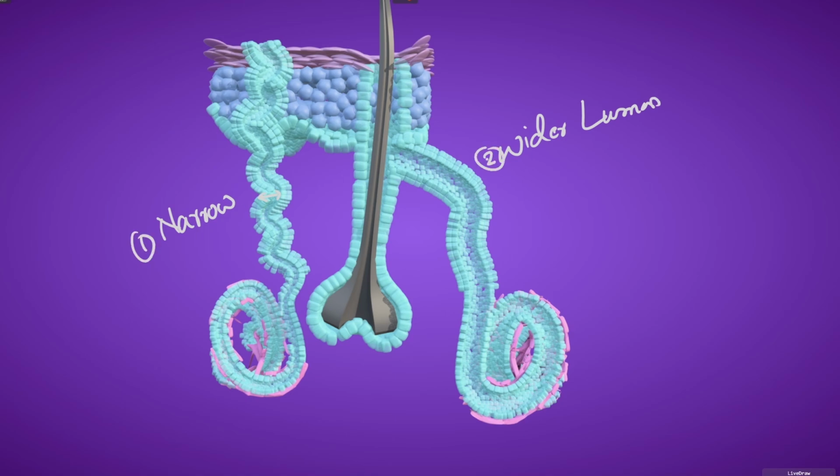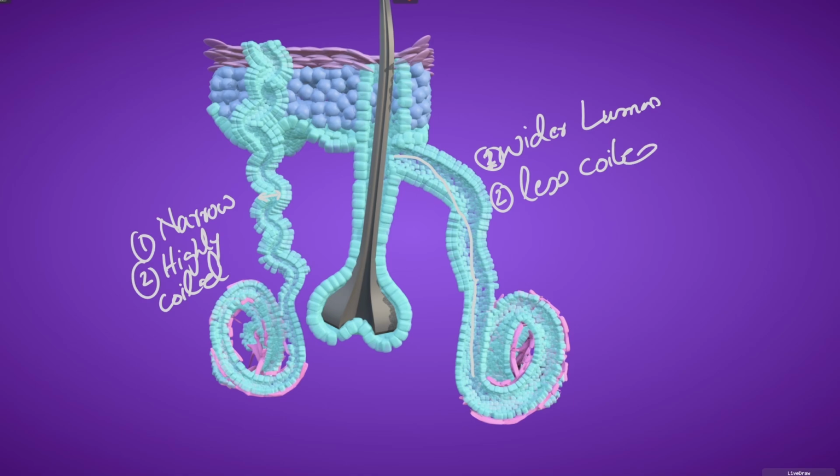Another thing is that this one is more coiled and tortuous, especially the duct portion is highly coiled, and here the duct portion is less coiled, it is relatively straight. Here you can see this is the duct part, relatively straight and less coiled. So this gland is called apocrine gland, and it is directly opening into the hair follicle.